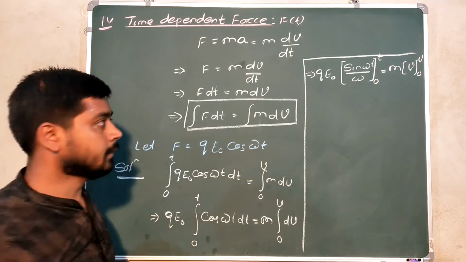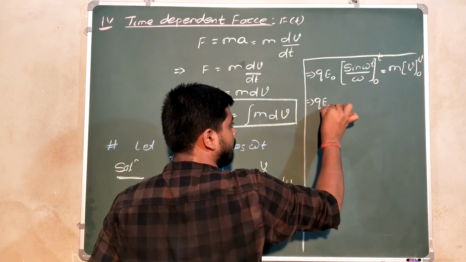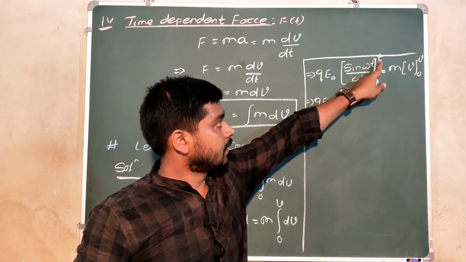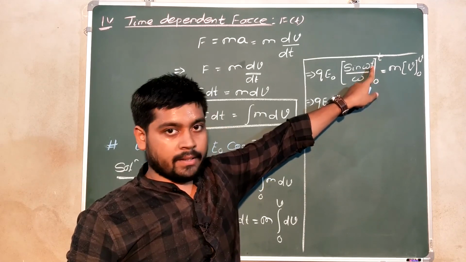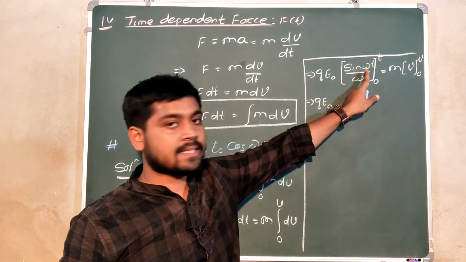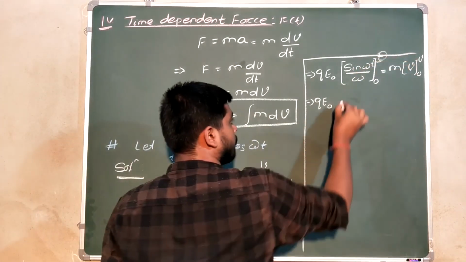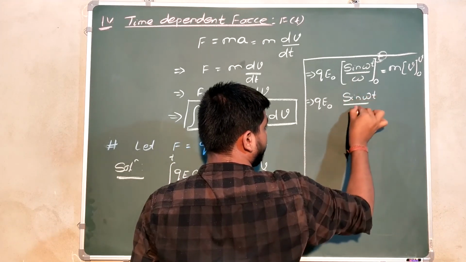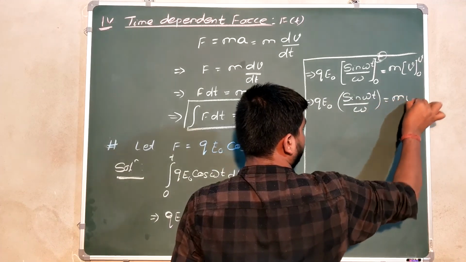Yes or no? Then q E naught, first put t upper limit in place of t, then put 0 in place of t. If we put 0 in place of t, then sin 0 equal to 0. Only this t term is present, so q E naught sin omega t by omega equal to m v.